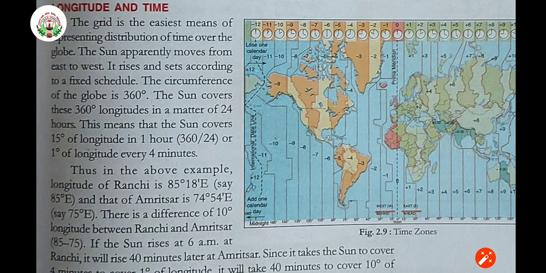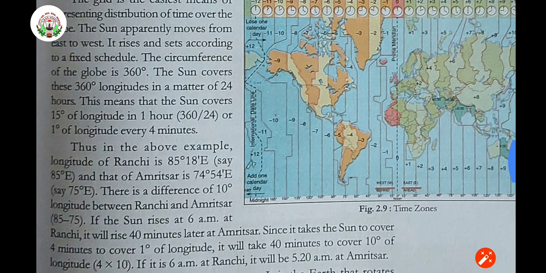How do you divide? 360 divided by 24, as there are 24 hours in a day. It comes to 15 degree, or 1 degree of longitude every 4 minutes. Means in every 4 minutes, the sun is going to cover 1 degree of longitude.